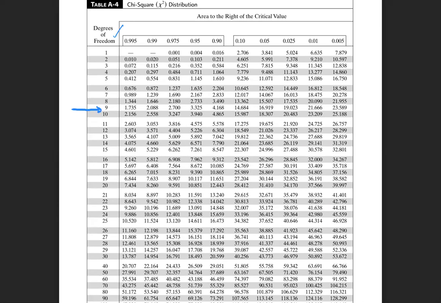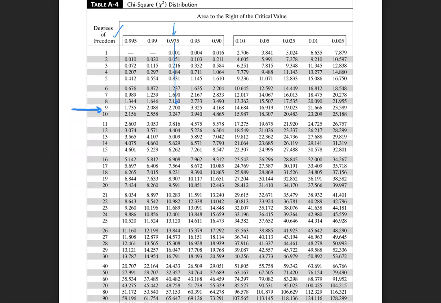To find chi-square sub L, we need to look at the area to the right. I can't bring the picture back right now, but it would be the area to the right that I showed you, which is 0.975. So if you look at the 0.975 column, you can see it comes to 2.7.